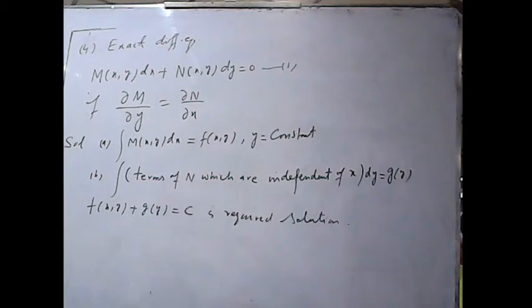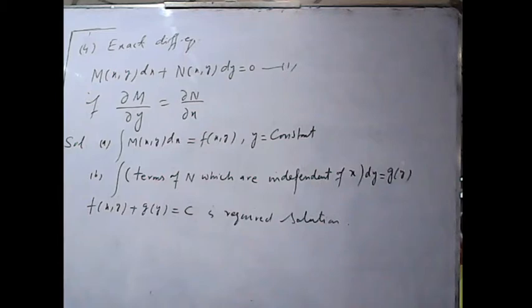And how to find the solution, which consists of two parts. In part A, integrate all the terms of M with respect to x, keeping y as constant, which is denoted by f(x,y). Then part B, integrate only the terms of N which are independent of x, meaning terms involving only y, with respect to y, say is equal to g of y.